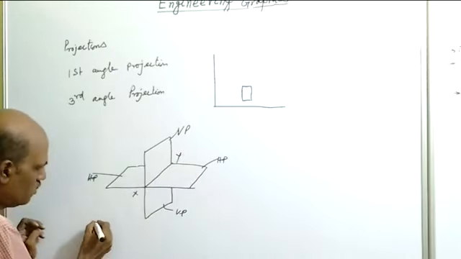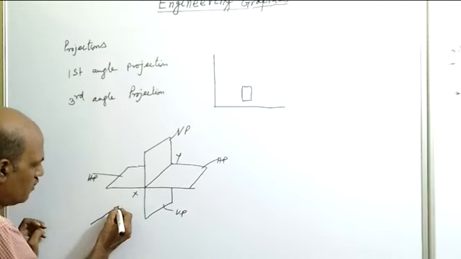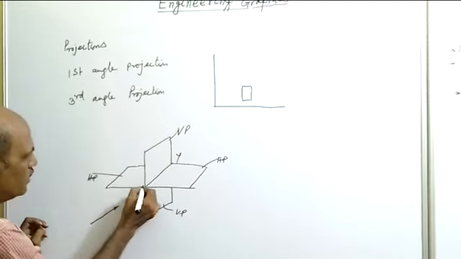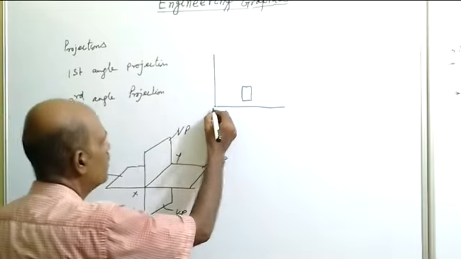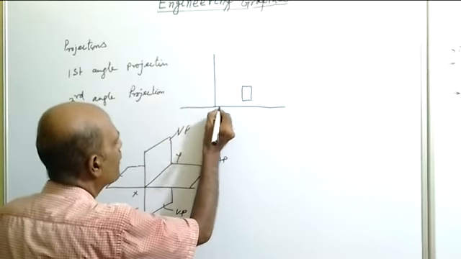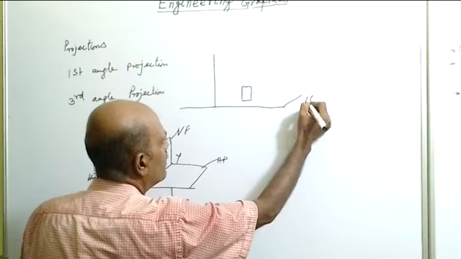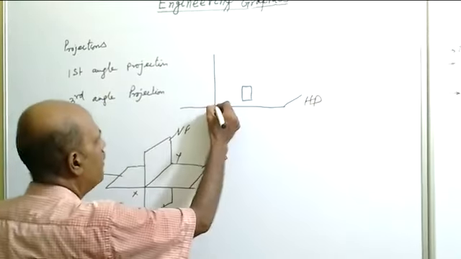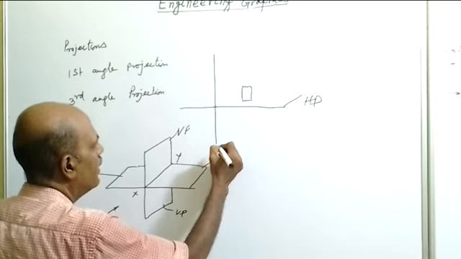Now if we look from this direction, what will we see? We will see this plane as a line. So this is the HP, and this vertical plane will be viewed as a line.